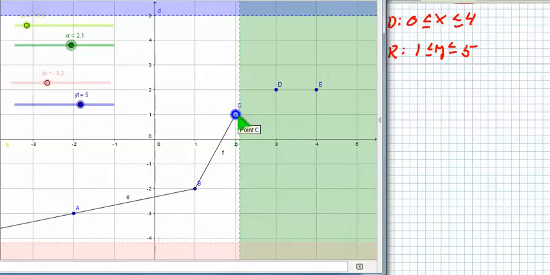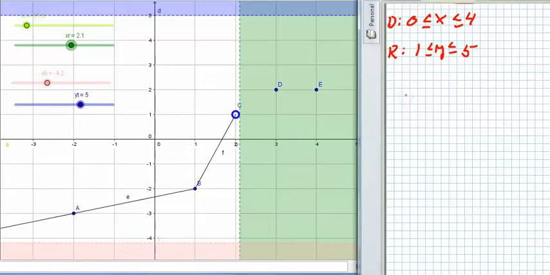They're not equal to 2, they're less than 2. So my domain, x, has to be less than 2. All right? It's not equal to 2.